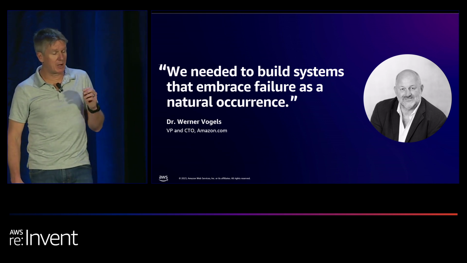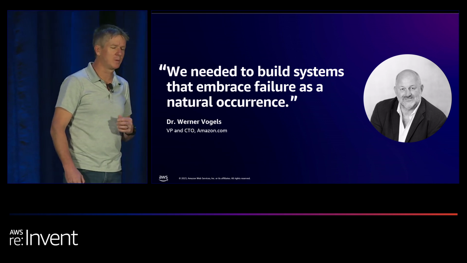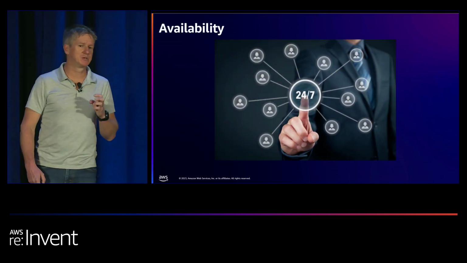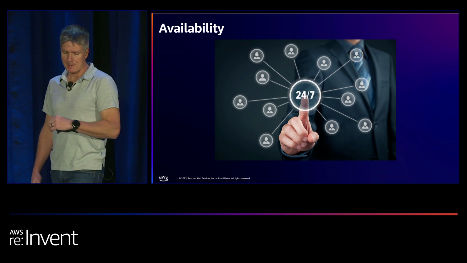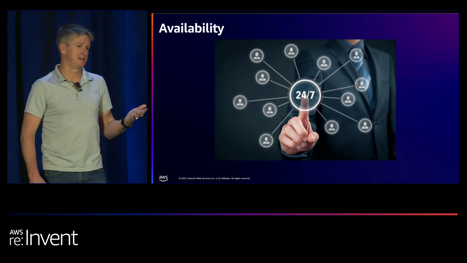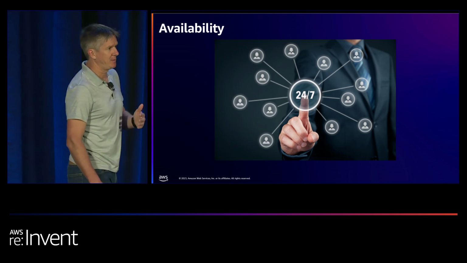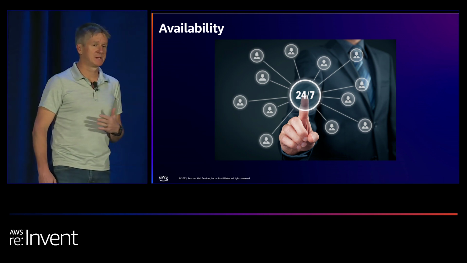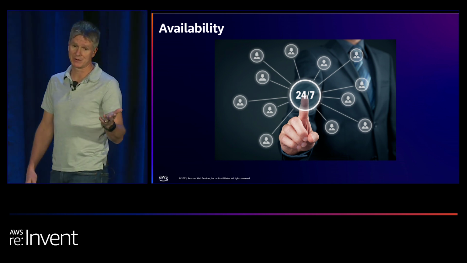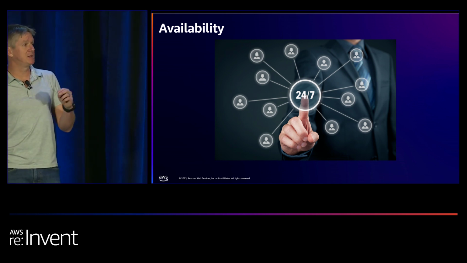Now, I'm going to talk a lot about availability and a lot about resilience, and I thought it might be useful to quickly define what we mean by those terms in the context of this conversation. Availability, the way we're talking about it, is a probability metric. If you have a web service that is serving 100 requests and it was able to usefully serve 100 of those requests, then it is 100% available.